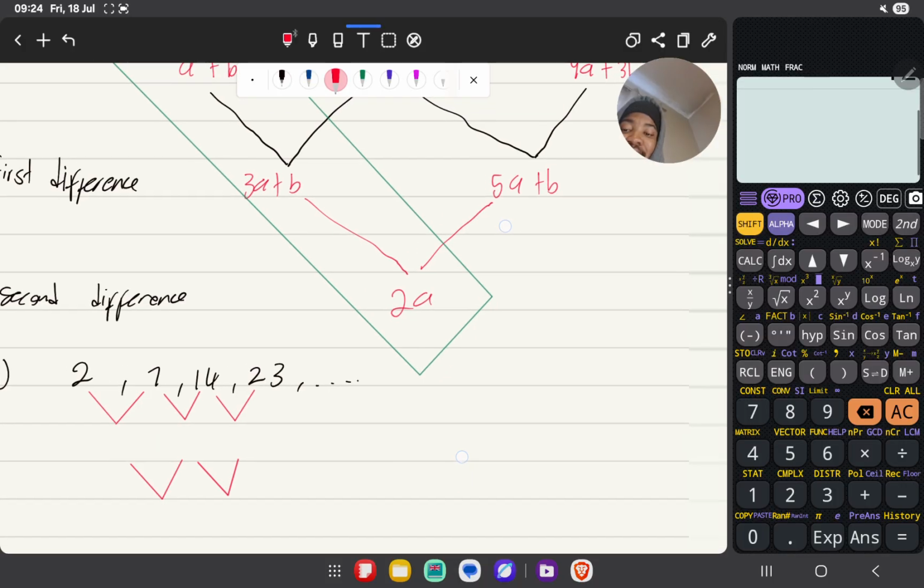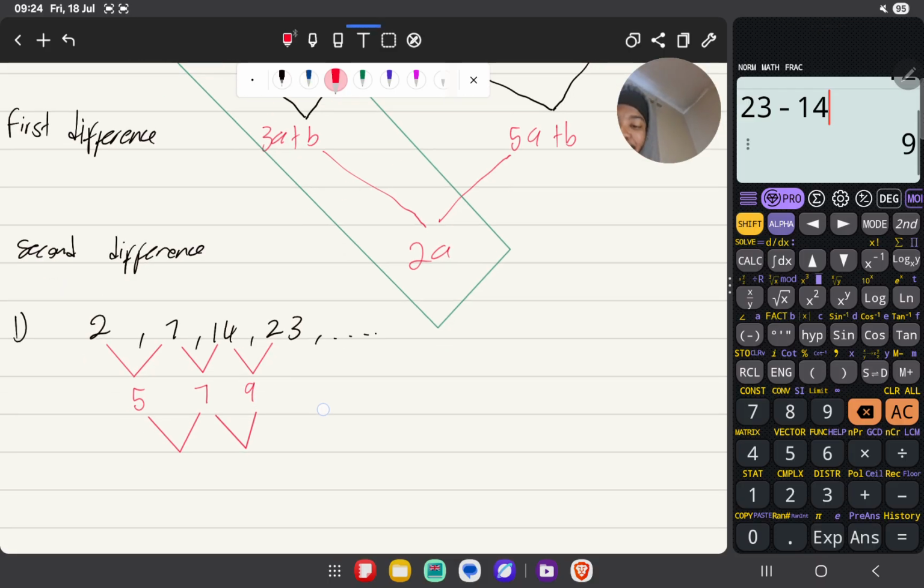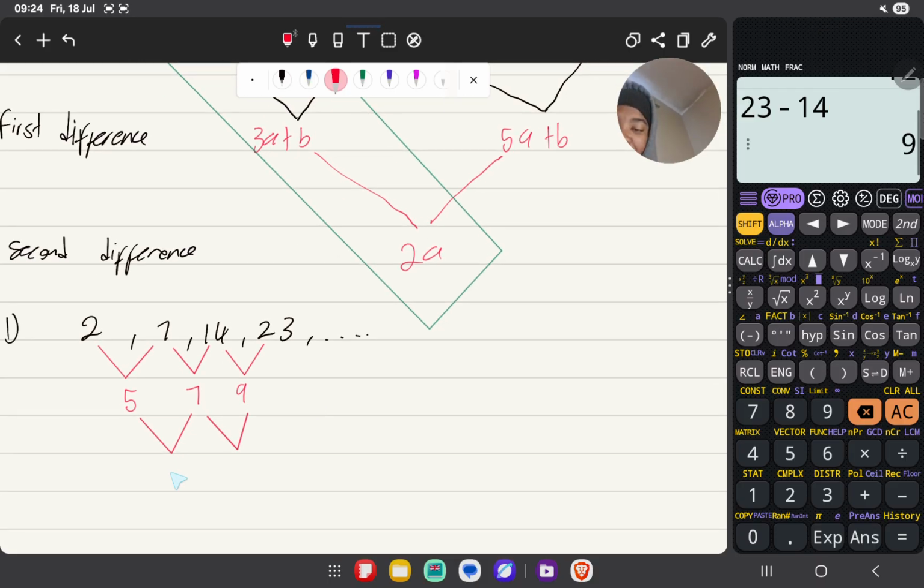All right, so let's do the math here. We have 7 minus 2, which is 5. 14 minus 7 is 7. 23 minus 14 is 9. And then here it's 2, right?